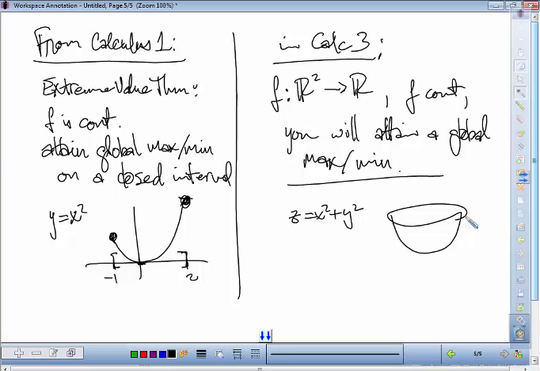But if you give it a boundary, like a square boundary in the bottom, then you're not really going to see your whole paraboloid. You're only going to see a piece of it up to the boundary. And now that you have a piece of it up to the boundary, you can see that there are local or global maximums in that boundary.